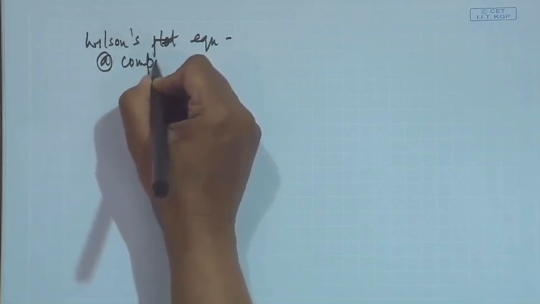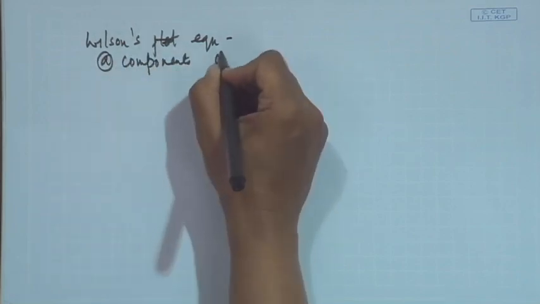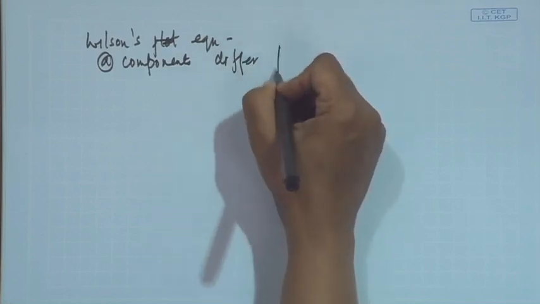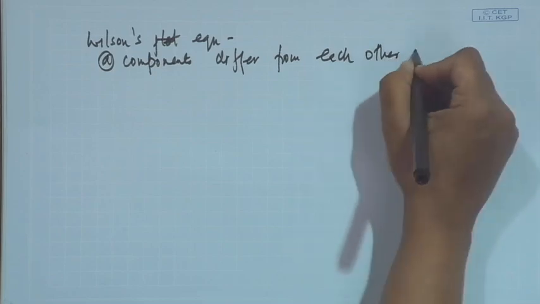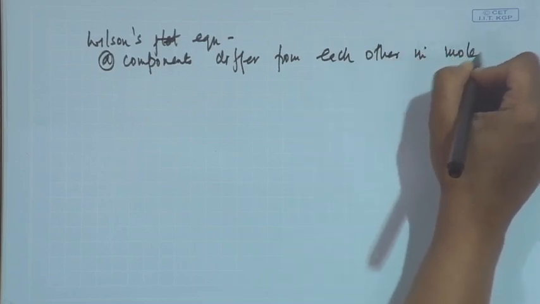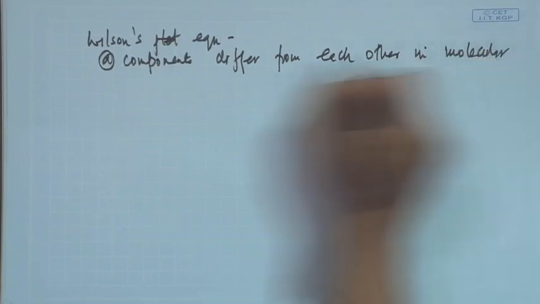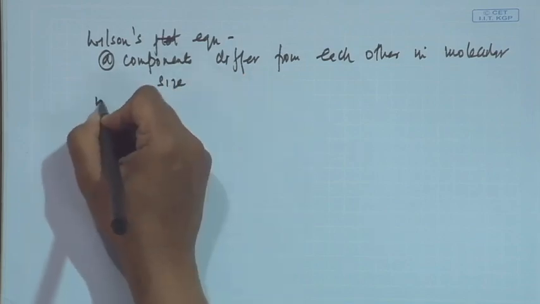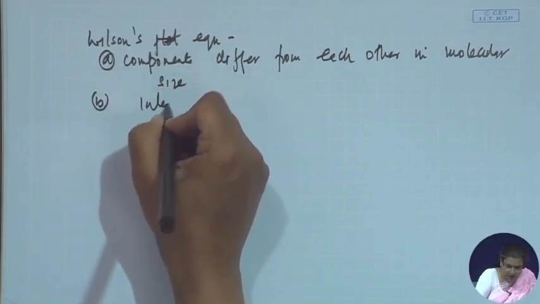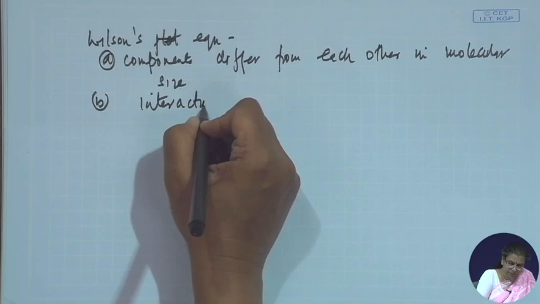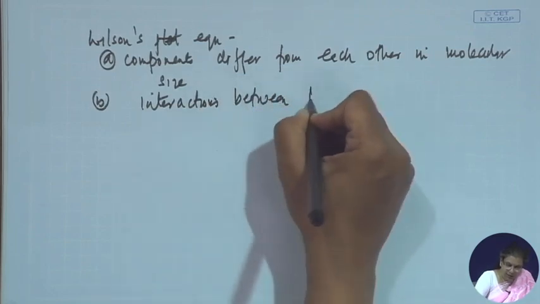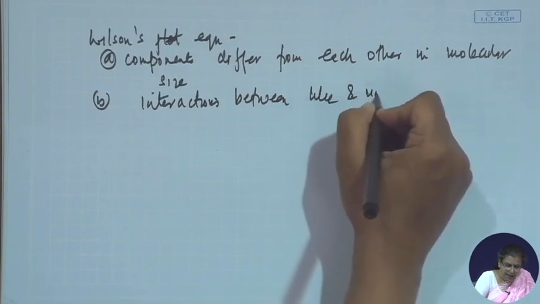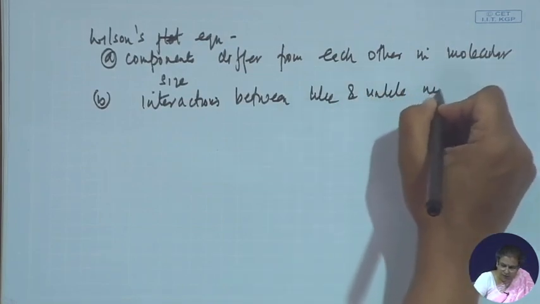One is the components differ from each other in molecular size, and secondly, interactions between like and unlike molecules are different, right.